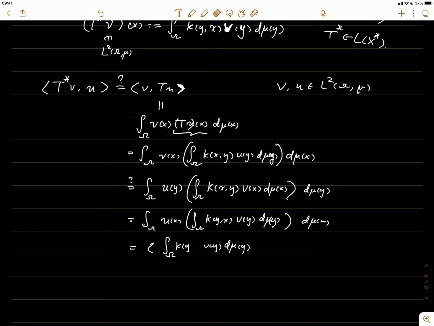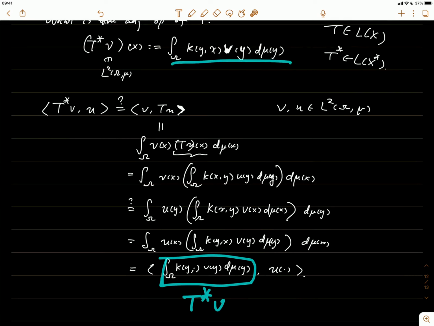Think of this as a function of x, and then you have another function of x, which is u(x). So we show that this is true. If this actually works, then we just have from here to here, and this just means that this gives me the adjoint operator, which is T star of V, and that is what we claim.